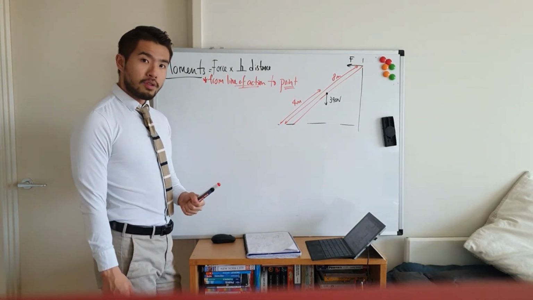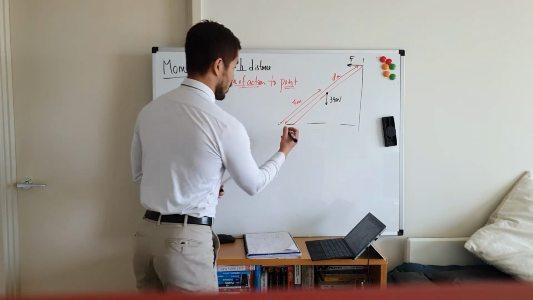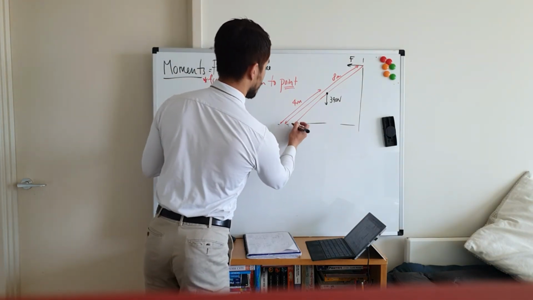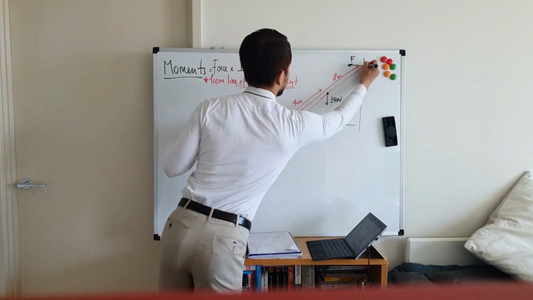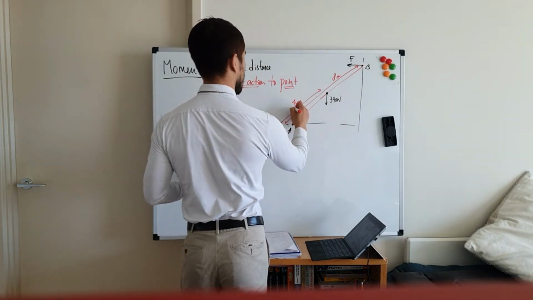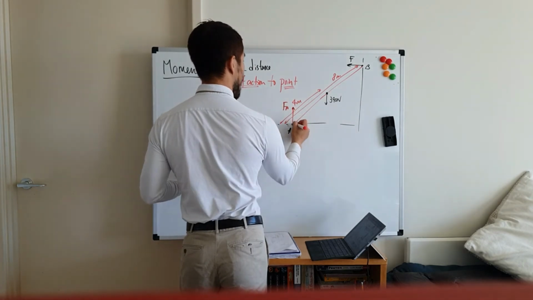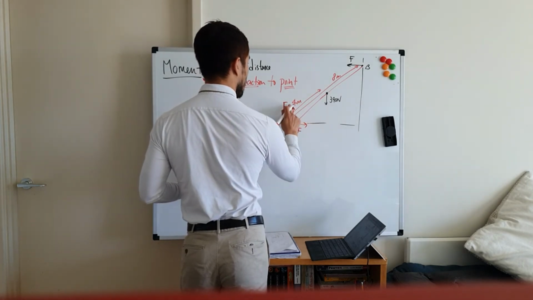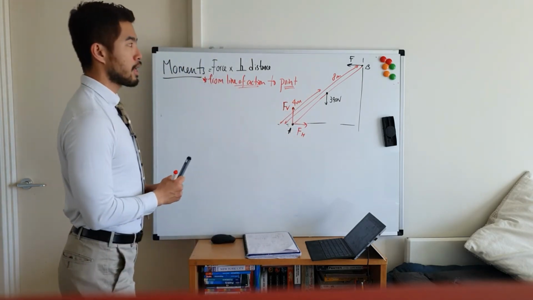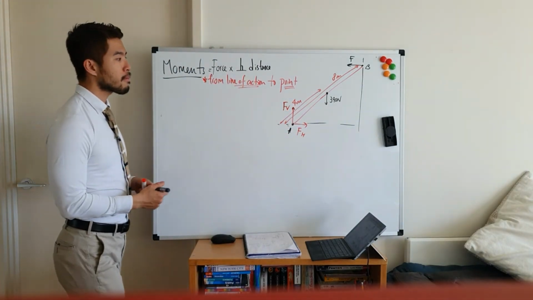Is this force diagram complete? No, because at this point, which I'm going to call point A, this is point B, I will have a reaction force here at A, and let's say this is a vertical force and a horizontal force in here as well.